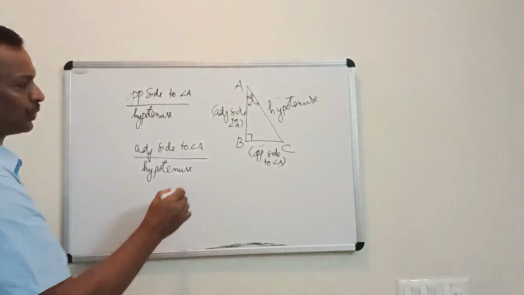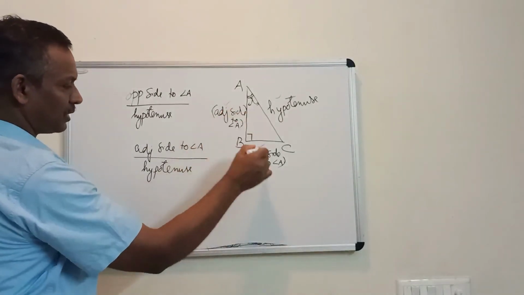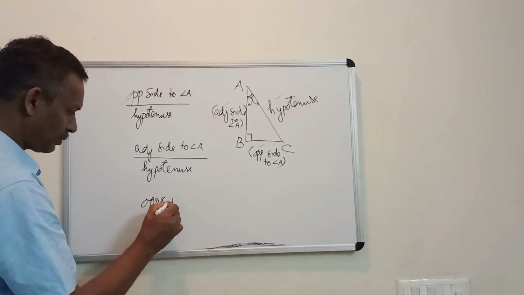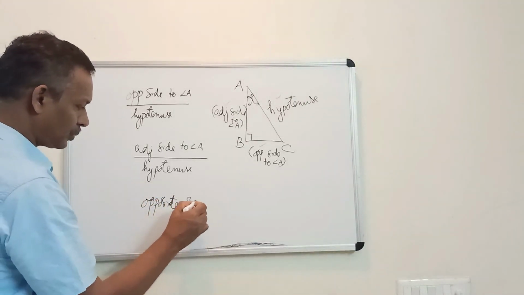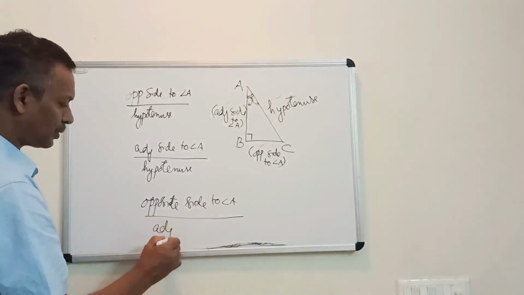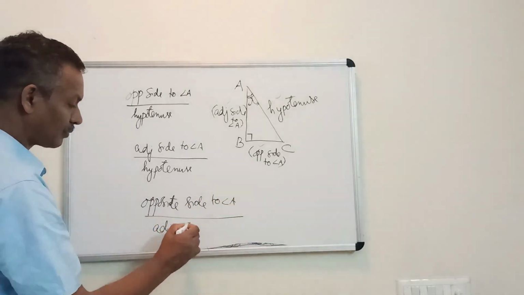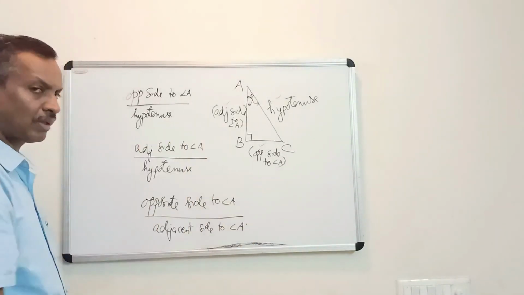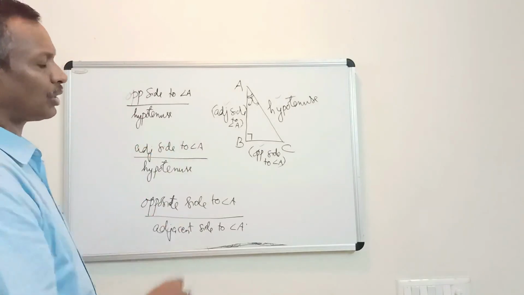And the third ratio, by taking these two, adjacent and opposite, I write opposite first: opposite side to angle A by adjacent side to angle A. And like this, their reciprocals also we can write.